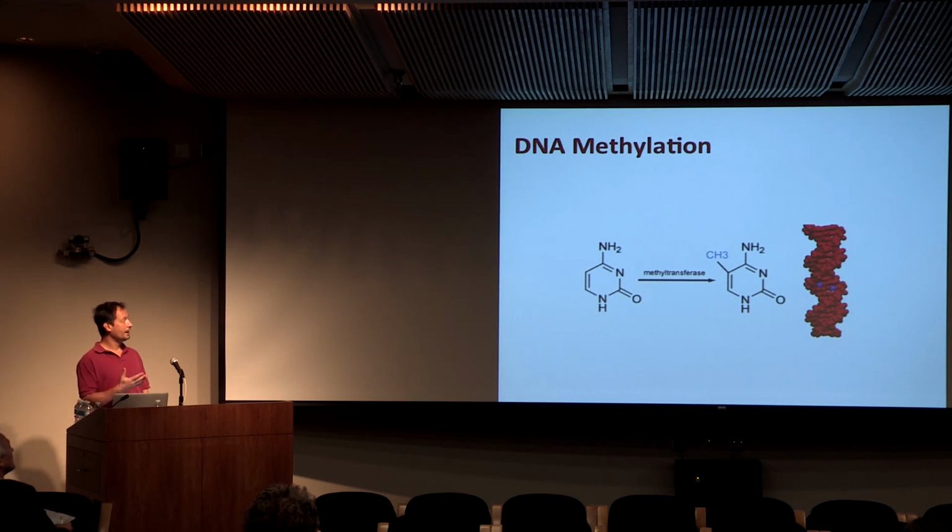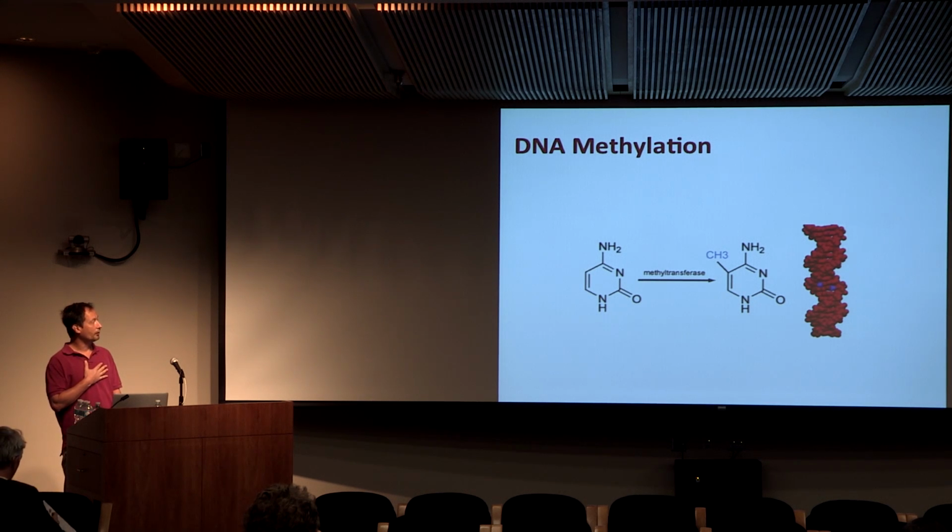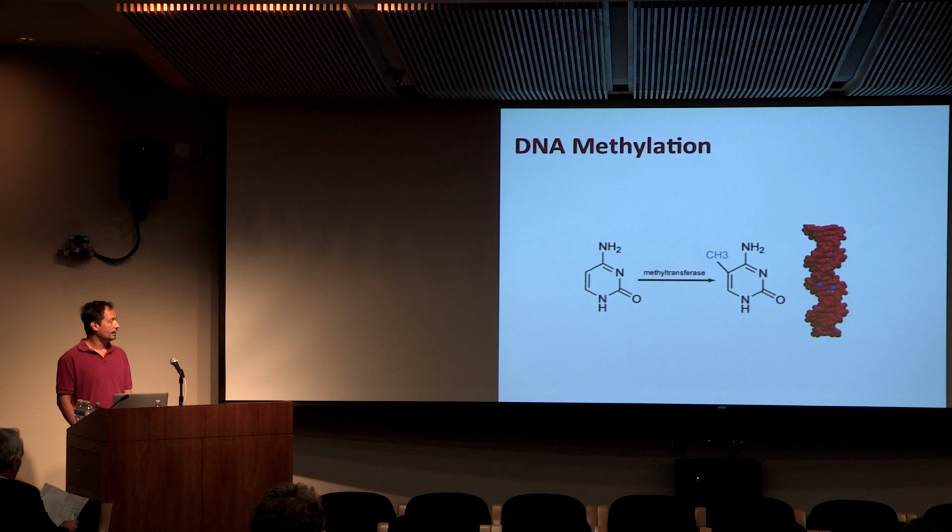So DNA methylation, for those of you who are not so familiar with it, has to do with the addition of a methyl group to cytosines. On the space-filling image on the right, you can see that it's a fairly small modification to DNA, but there are very stable, very precise techniques for studying the presence of these methyl marks, so it's been studied for many decades.